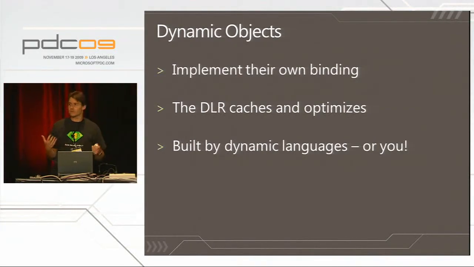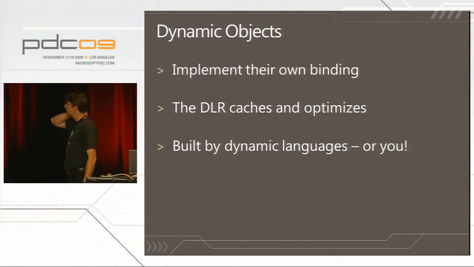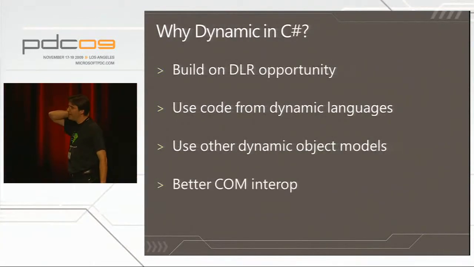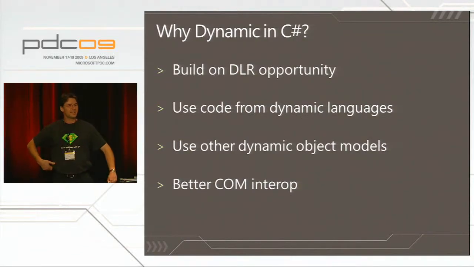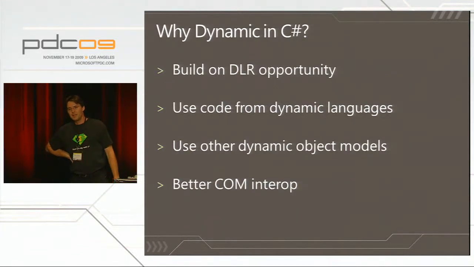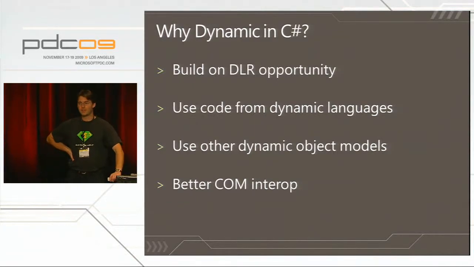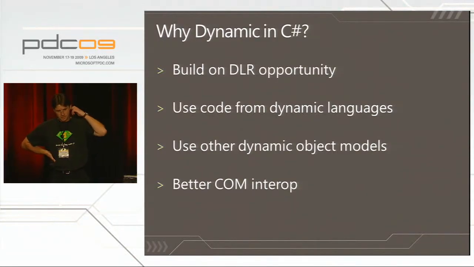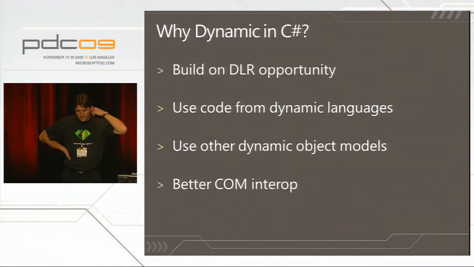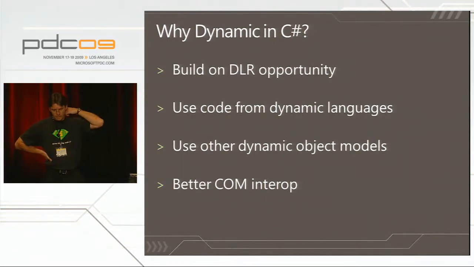So that's the DLR. And now that we have the DLR, it would be a shame to only use it from the dynamic languages. It's such a great asset, and very, very successfully designed. I can say that without blushing because I wasn't part of it at all. But it's not just a great asset in itself.